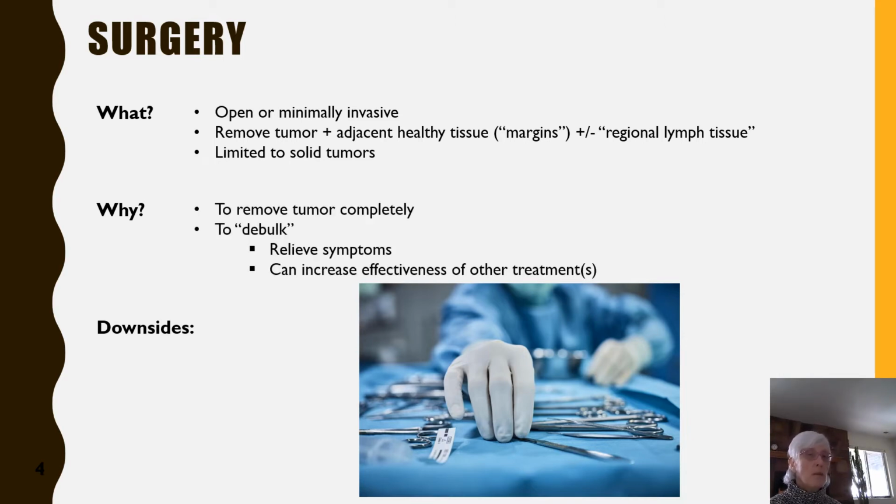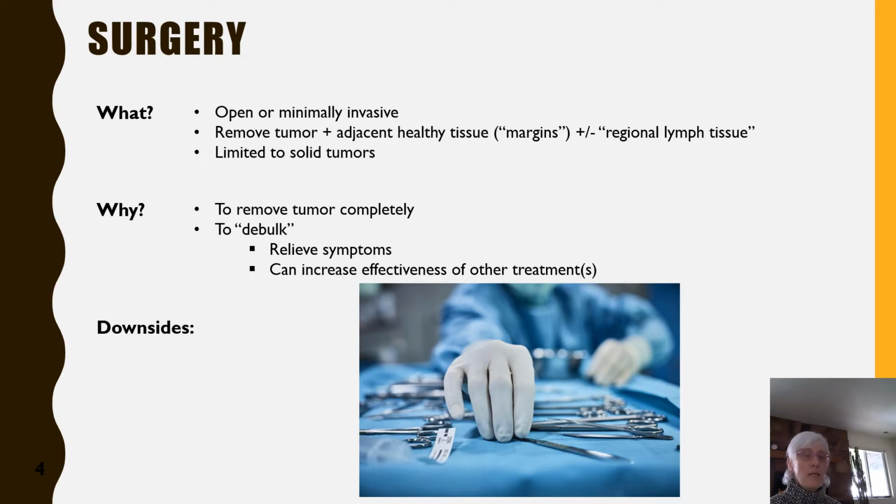There are a couple of reasons that someone might undergo surgery for cancer. The first is obvious, to remove the tumor completely. So you remove the tumor and some neighboring tissue. But on some occasions, a cancer patient would undergo surgery to debulk the tumor, in other words, to make it smaller.